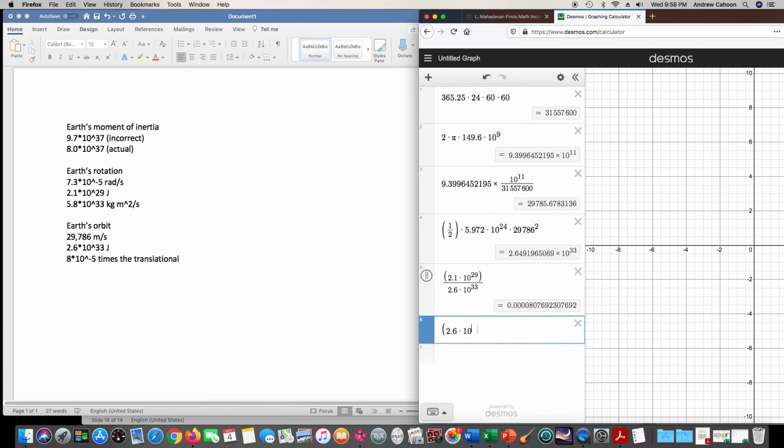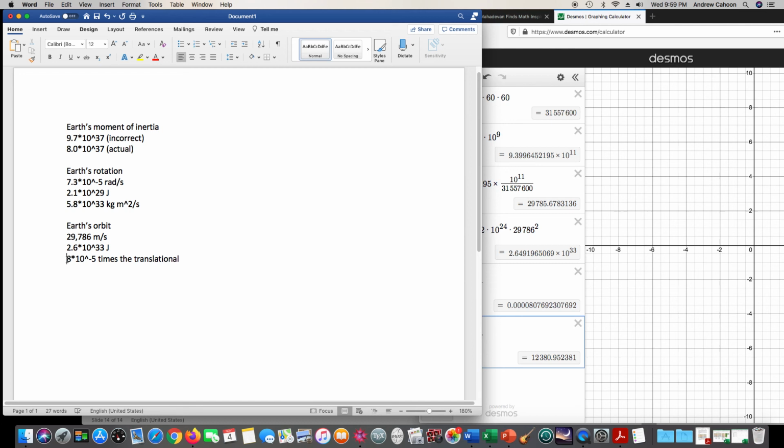2.6 times 10 raised to the 33 divided by 2.1 times 10 to the 29. And now I'm getting how many times the rotational is the translational, and it's 12,380. So this answer would be rotational is 8.8 times 10 to the minus 5 times the translational, or translational is 12,381 times the rotational.